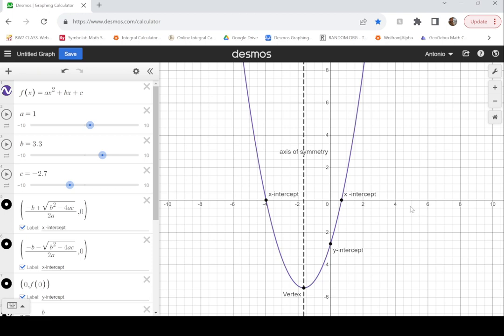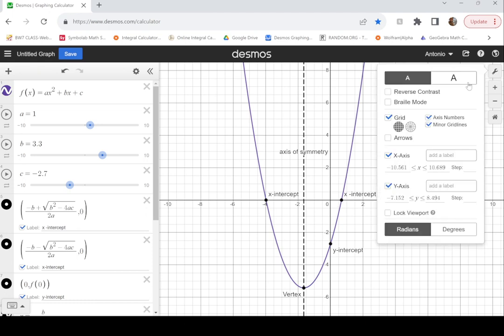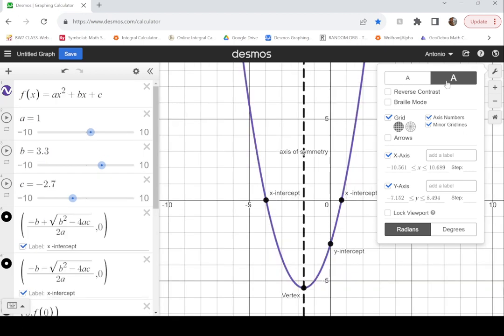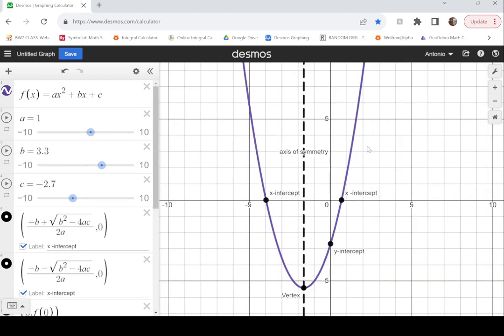Some characteristics that are going to be of interest for us are the x-intercepts, as you can see labeled here, these points. So here we have the x-intercept and the y-intercept, which are self-descriptive. The x-intercept is where it crosses the x-axis, or where y is equal to 0.